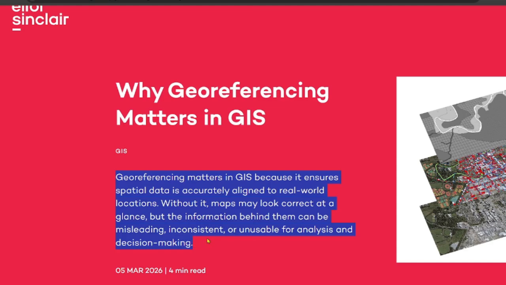Let me give you an example. Suppose I have a raw satellite image, which is not georeferenced or not corrected. Why have I mentioned not corrected? Because there is a term, image processing. In this, there are three stages: pre-processing, processing, and post-processing.